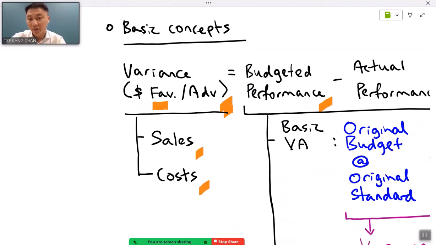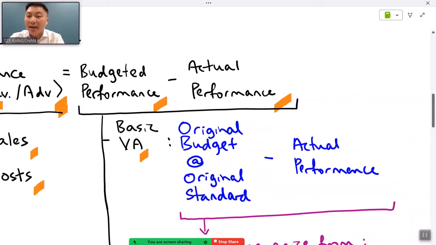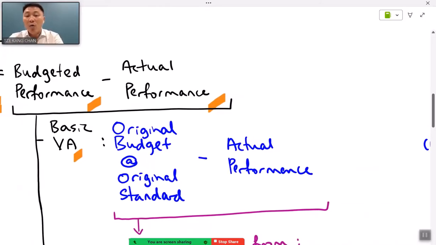All of these variances, whether sales or cost, follow the basic mechanism of formulas in deriving the variances. Such basic variance analysis requires the determination of the budgeted performance, reflected by the original budget established based on original standards, including the prices and the standard consumption of resources agreed by the management at the beginning of the time period.